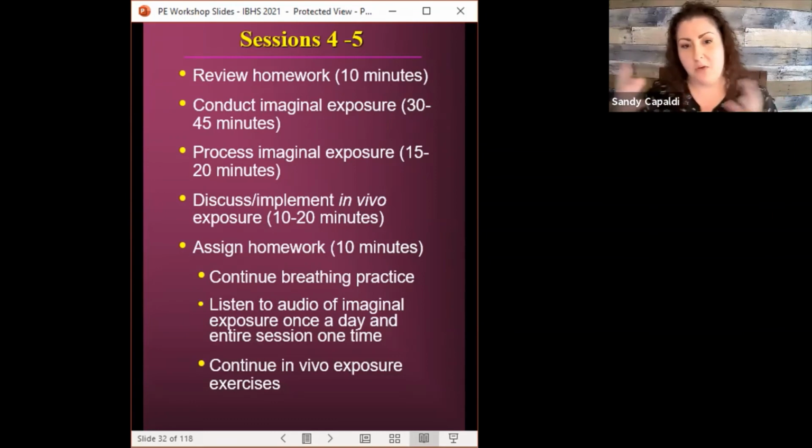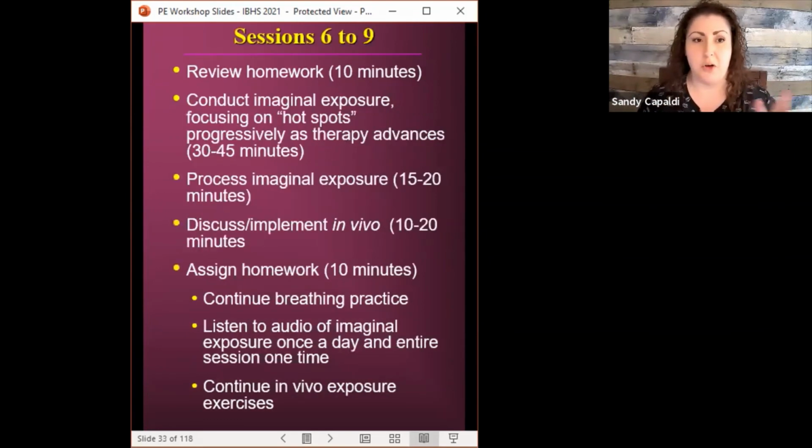Now, as we're moving past these first couple of sessions of imaginal exposure, we're then starting to think about hotspots. So again, the structure here is the same, but we're looking at having the person focus on and pick out the most distressing pieces of the memory that we're working on for the imaginal exposure.